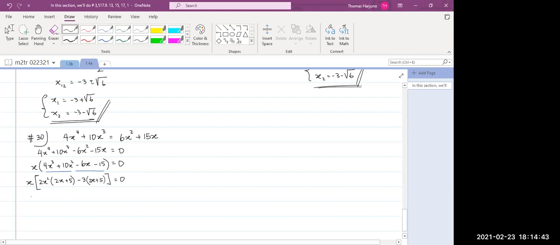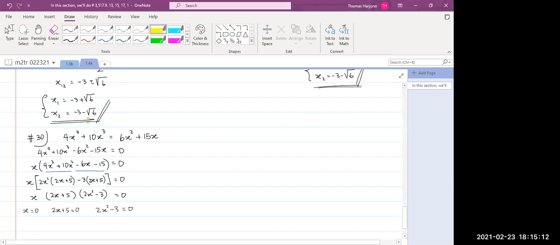Therefore, I factor further, x times common factor 2x plus 5, the remaining 2x squared minus 3 left inside the parentheses. So either x equals 0 or 2x plus 5 equals 0 or 2x squared minus 3 equals 0.